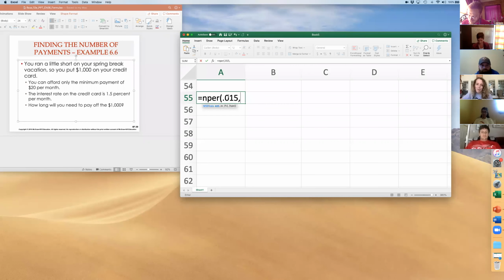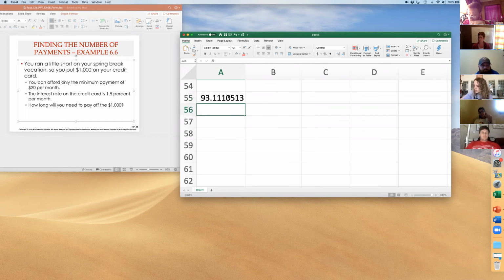The payment is, I'm going to put in minus 20. That is a monthly outflow that we have promised. The present value is an inflow to us of $1,000. There is no future value, and we're going to assume this is an ordinary annuity, so the type is 0. Close up the parentheses.